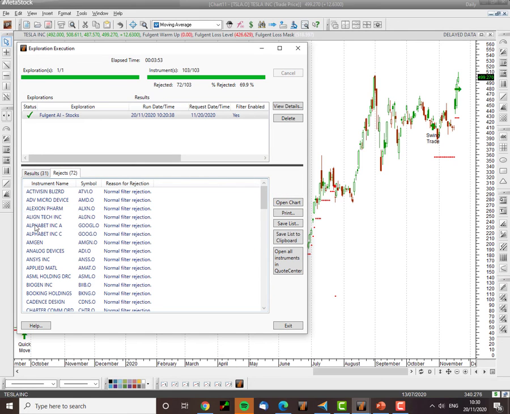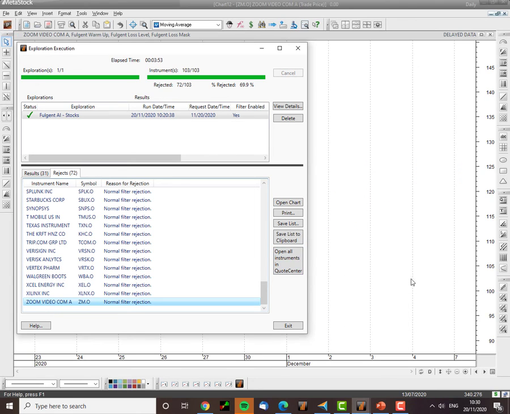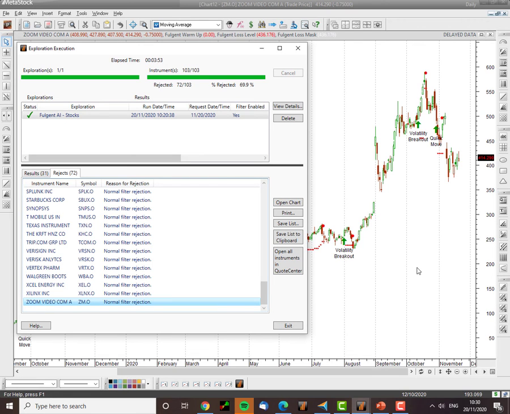There's been quite a lot of normal filter rejection, which means the AI did not find a most recent signal on those. Zoom, it would be interesting to see what the current situation is on Zoom. A quick move to the downside, yeah, so that got stopped out.